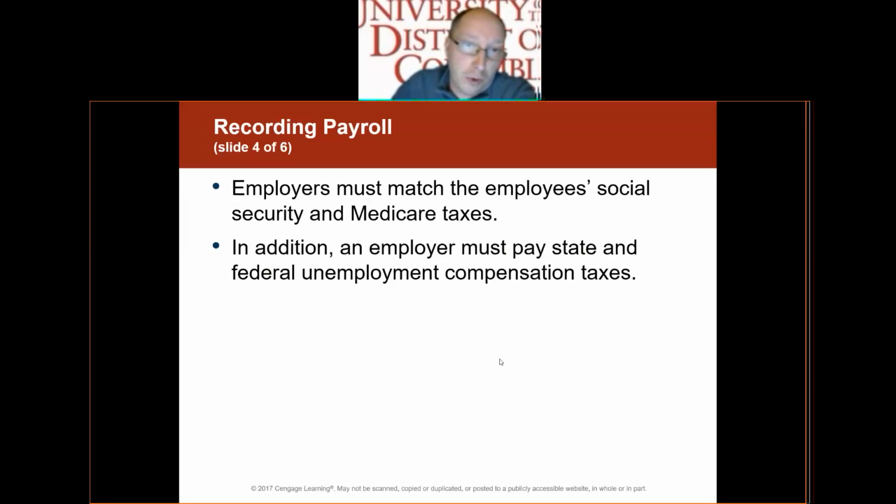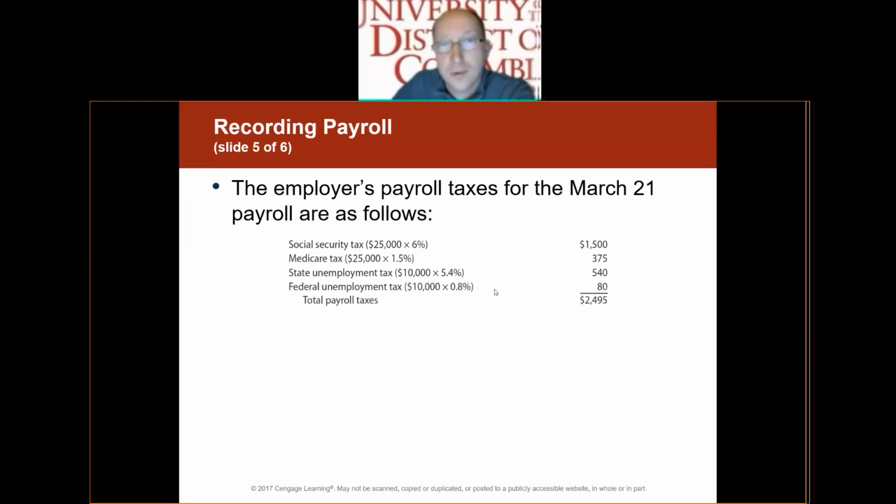So to recap, employers must match employee Social Security and Medicare taxes. In addition, the employer must also pay state and federal unemployment compensation taxes. This is why it's so expensive to hire employees, honestly.